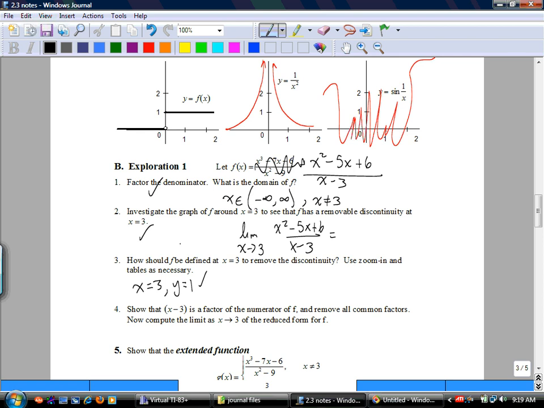Somebody already started to talk about that, and I shut them down, because I want to do this last. x minus 3, x minus 2 over x minus 3. What happens to the x minus 3s? So you're left with the limit as x approaches 3 of x minus 2. Mr. App, I can substitute the 3 in now. 3 minus 2 is 1.